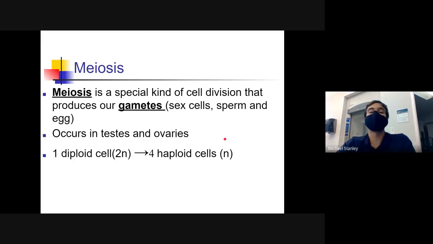Single N refers to being haploid, having just the one set of every chromosome. So this is different. We're not just copying and pasting the cells. We're making different types of cells. We're ending up with these haploid cells. So we're cutting the chromosome number in half for each one of our new cells.